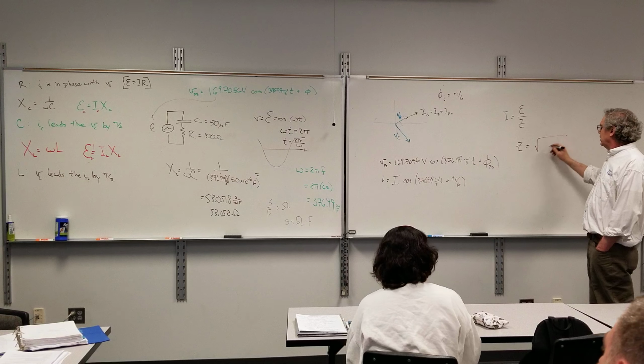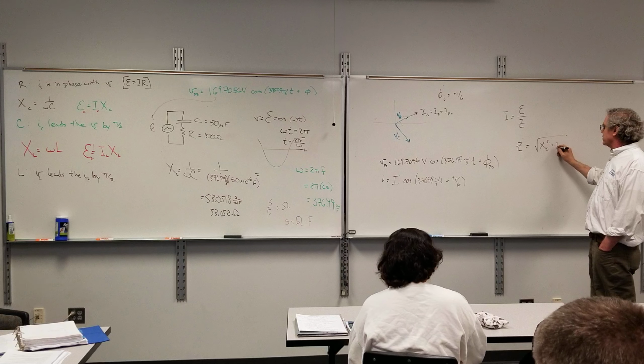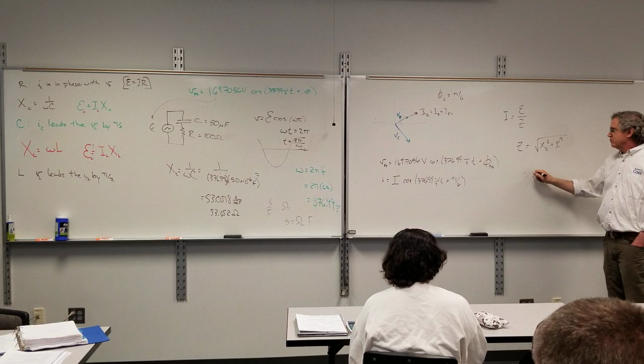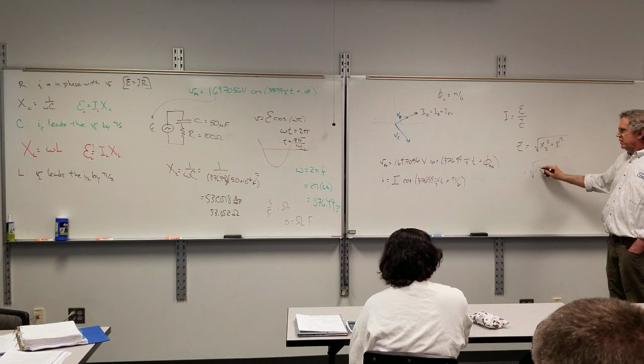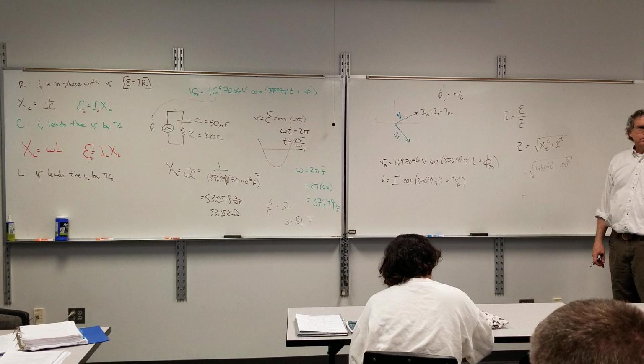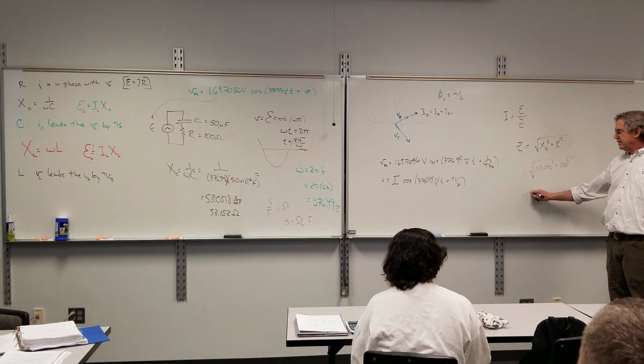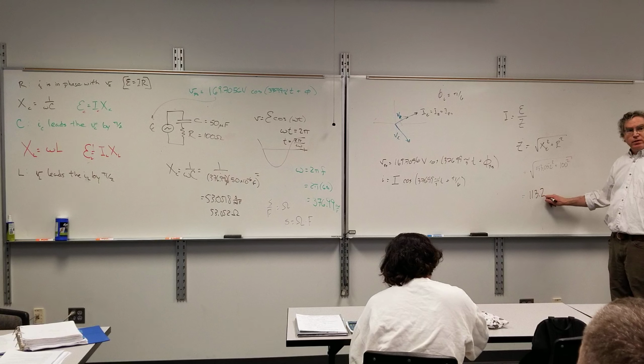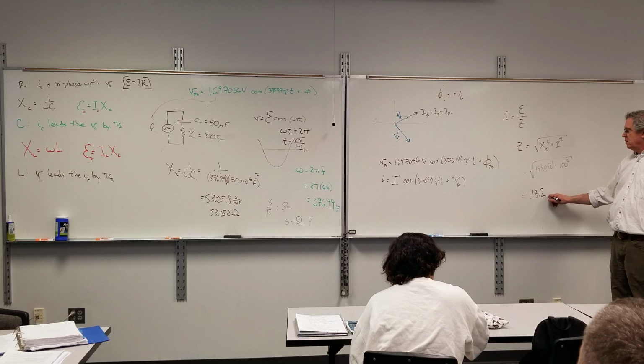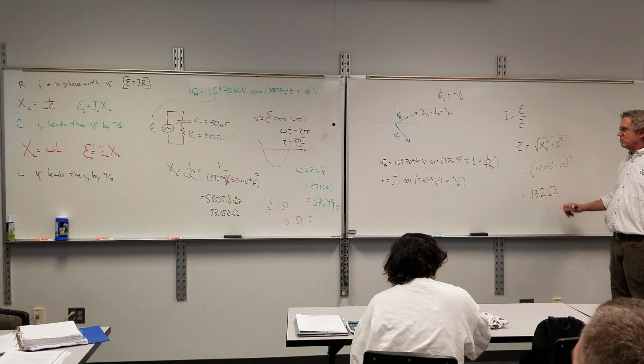It's the square root of X sub C squared plus R squared, which is the square root of 53.052 squared plus 100 squared, which is 113.2.